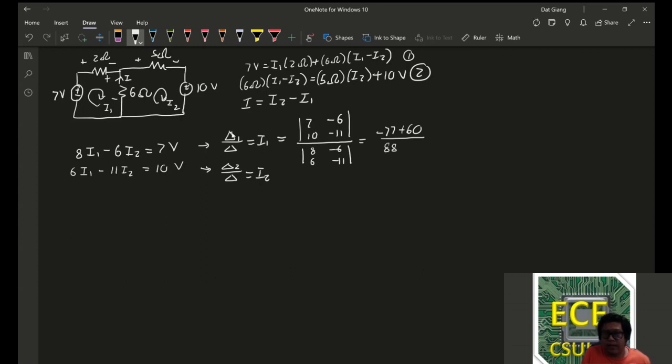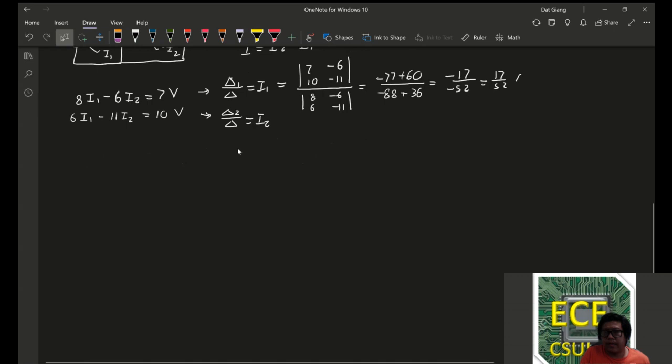So we have 88, negative 88, plus 36. And we can simplify this as negative 17 divided by 52, or just 17 over 52. Okay, amps.